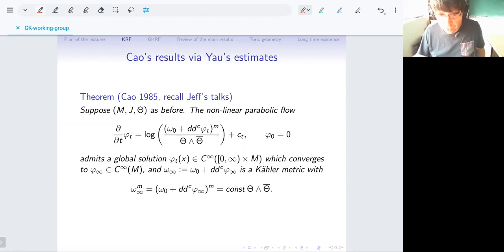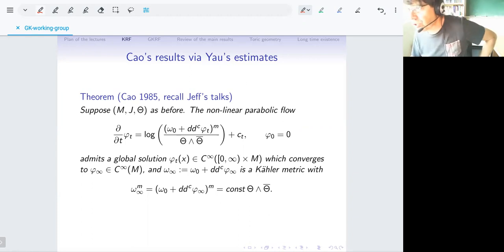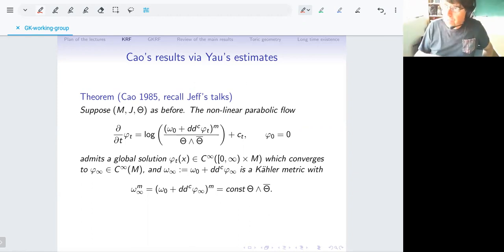Actually, it will converge to a metric which has this property, and this is a Calabi-Yau metric, because the volume form of this metric will be equal to the volume form of theta that we started with. This is characterized by what we said before, and the fact that the Ricci tensor is 0. And Jeff did a very thorough presentation of the proof of this result.